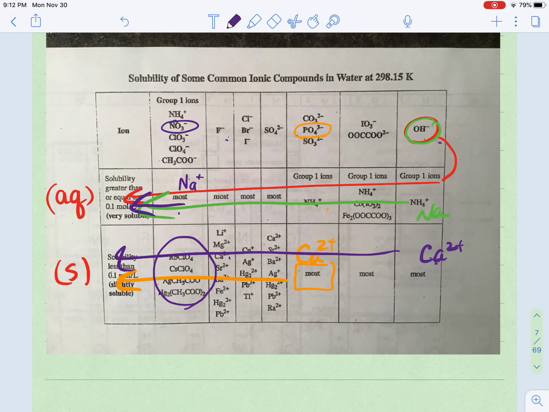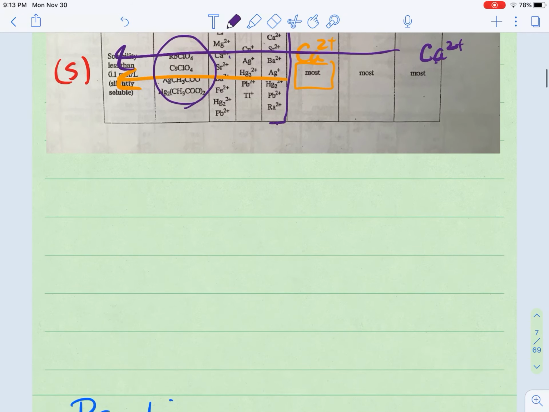Or is this the one that we don't have on here? One moment, please. Yes, it's right here. And aluminum is not in the category with solid over here, so we'll assume that aluminum would be in that most category, and so aluminum and sulfate will be aqueous.